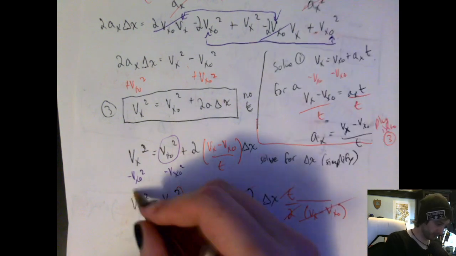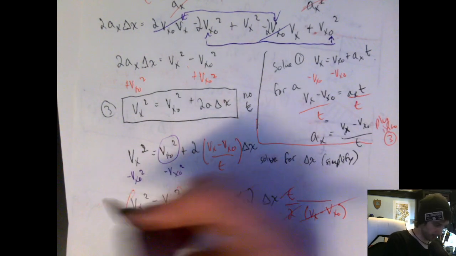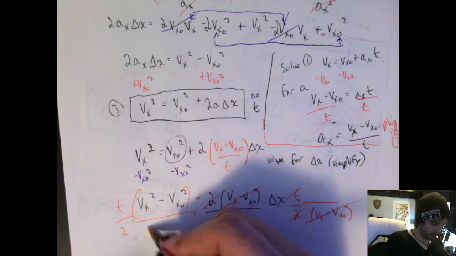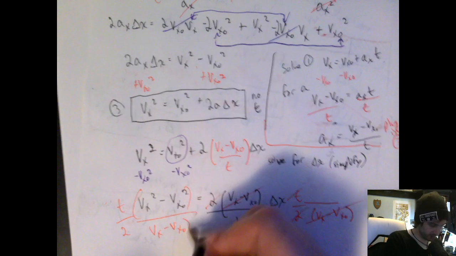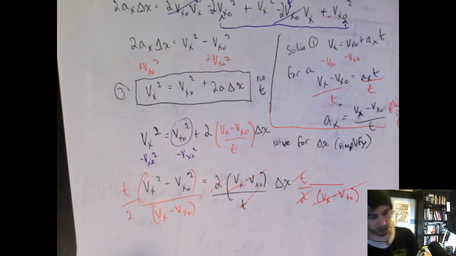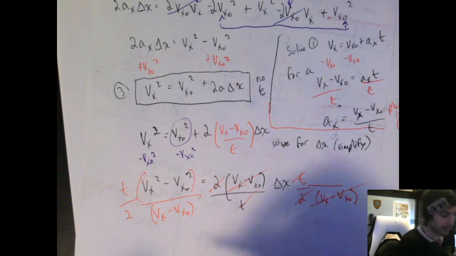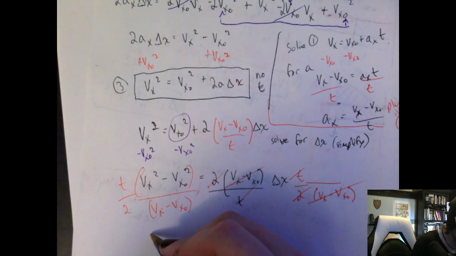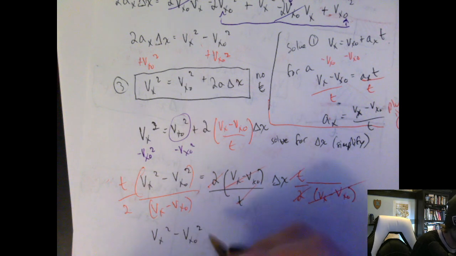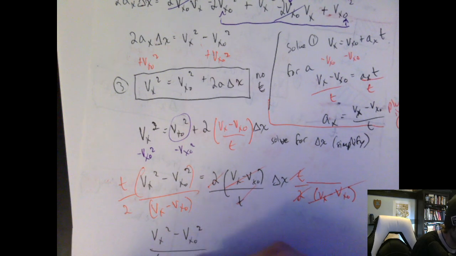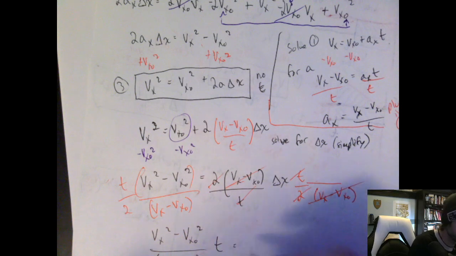So I'm going to do this over here as well. Times time, divide by 2, divide by Vx minus Vx naught. And I'm going to swap the order around a little bit just to make it prettier for the final result. And that gives us Vx squared minus Vx naught squared divided by Vx minus Vx naught times 2, all of which is times t.